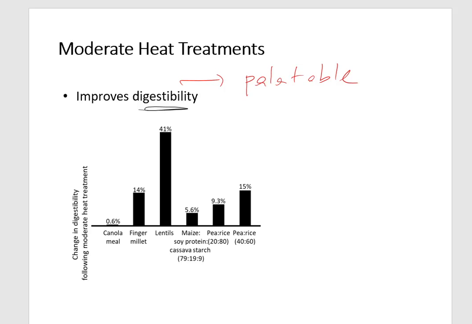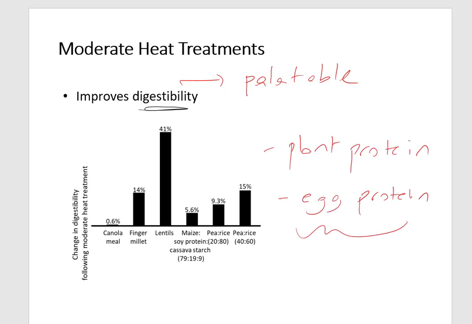Because digestibility is a problem in several plant proteins and egg protein preparations, they exhibit poor digestibility. So with moderate heat treatments, their digestibility improved.